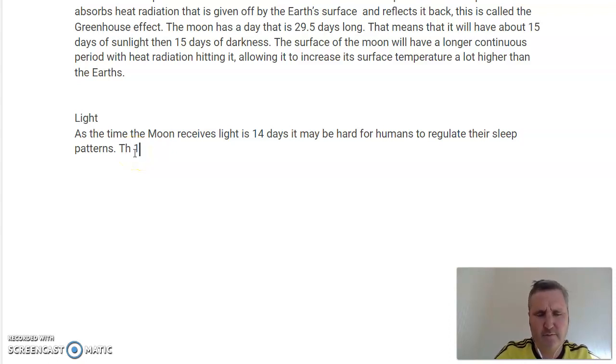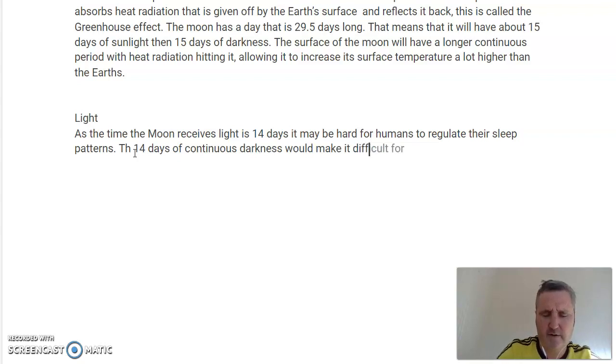The 14 days of continuous darkness would make it difficult to grow plants naturally.